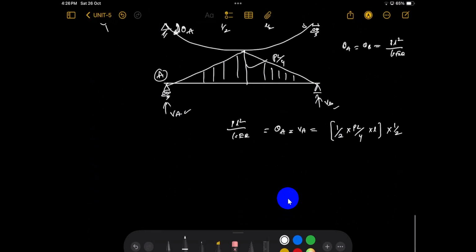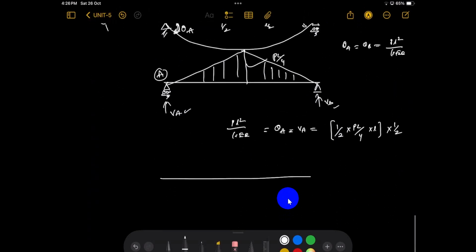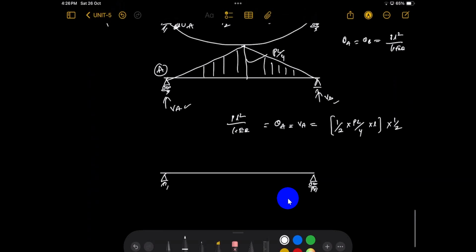So now you will get the flexibility equation on the redundant, the flexibility matrix.